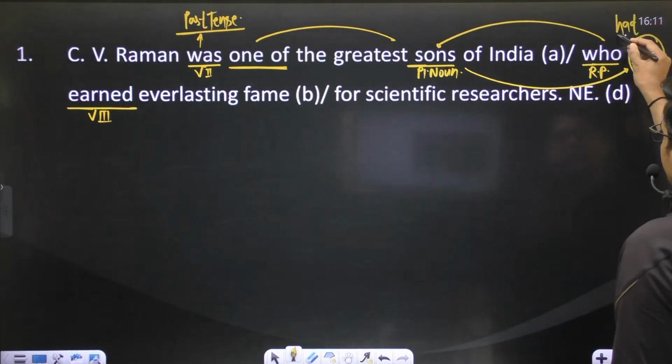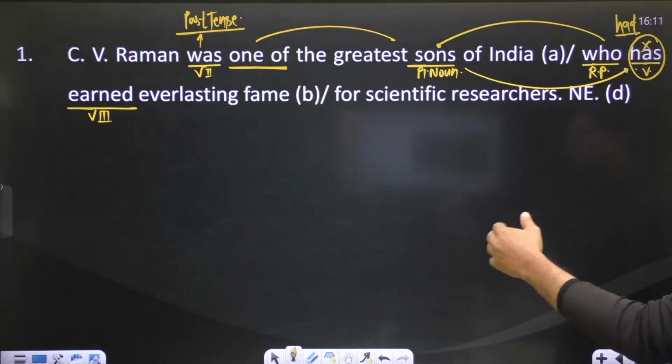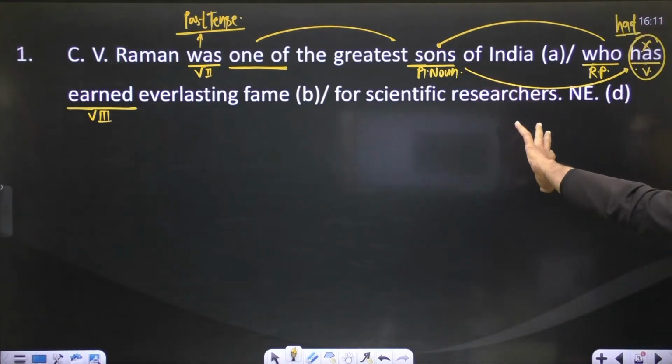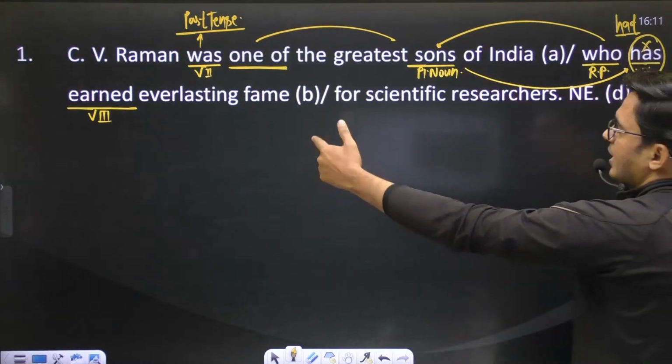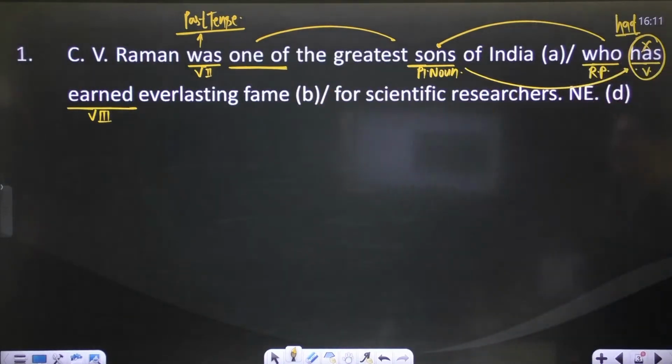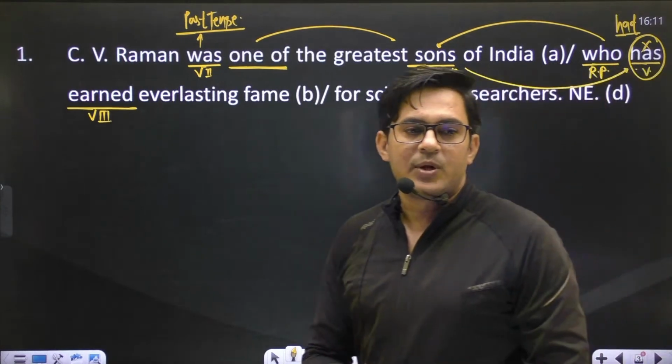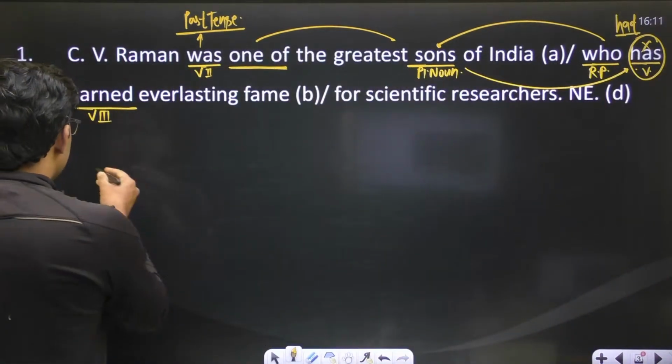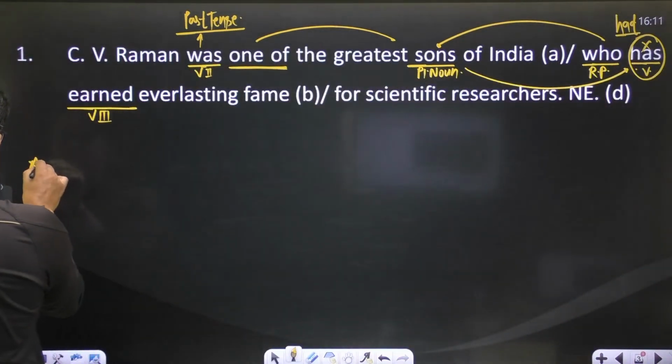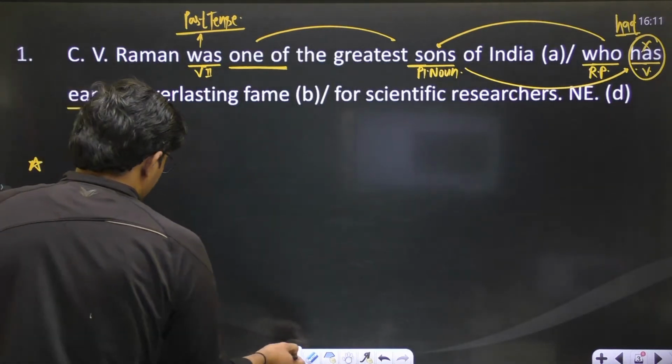The sentence will be: CV Raman was one of the greatest sons of India who had earned everlasting fame for scientific research. This is the concept, and you can write it down.